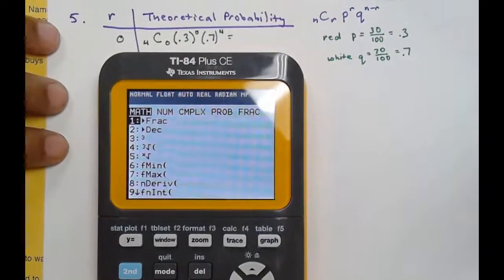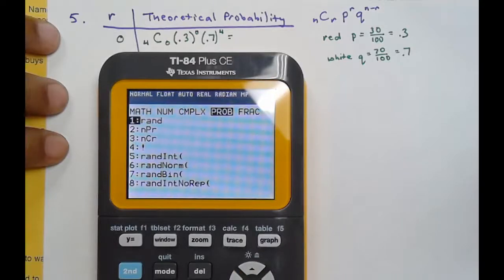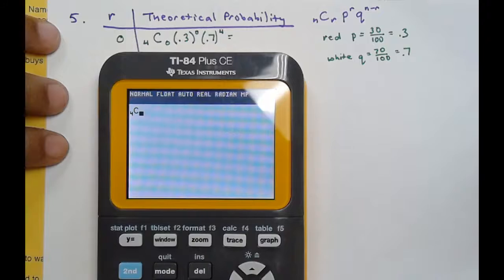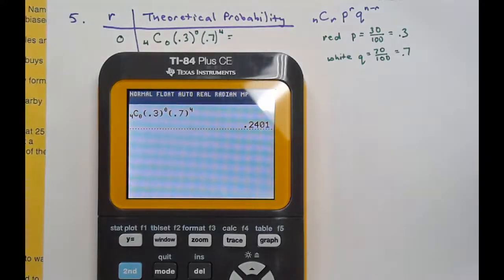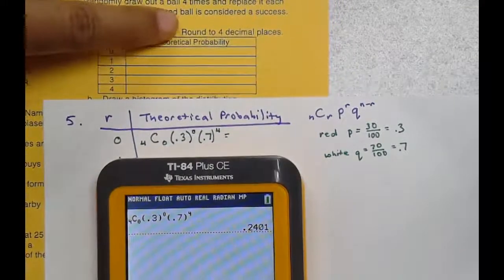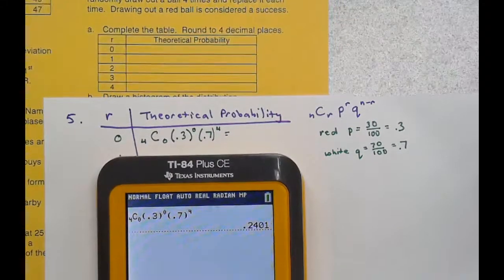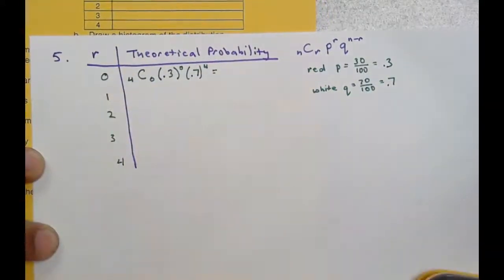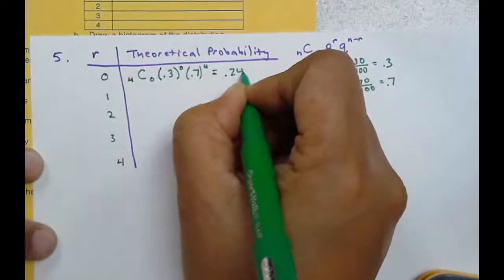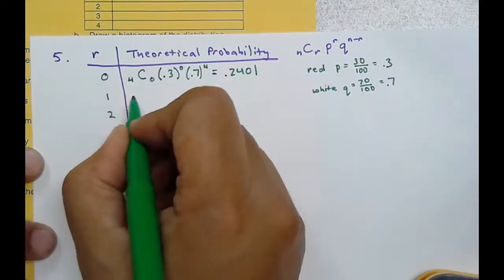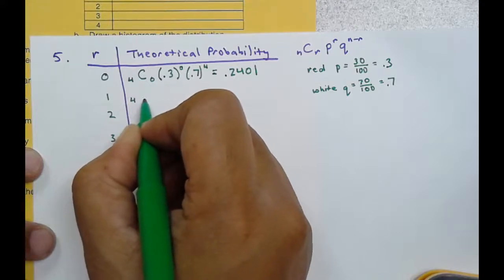We're going to arrow over to probability, and then you're going to hit the number 3, and it's 4C0, and then you're going to do 0.3 raised to the 0 power, and then we have 0.7, and that's going to be raised to the 4th power, and that gets you approximately 0.2401, and it does want us to round to the nearest 4 decimal places, so we're going to actually leave that as the number we're going to use. So it's 0.2401.